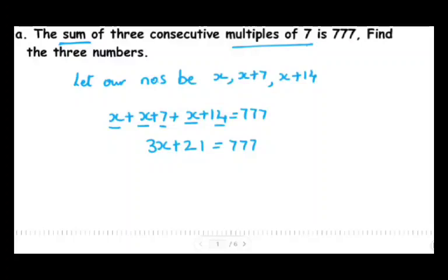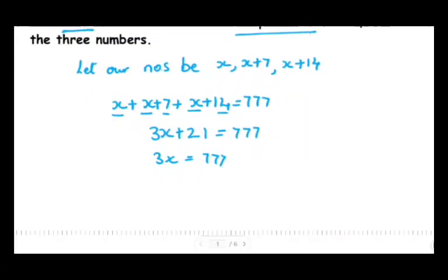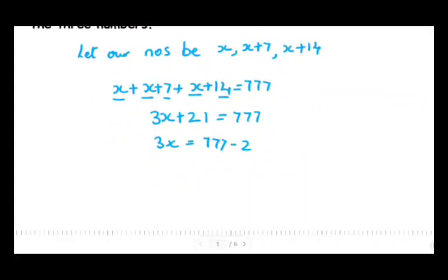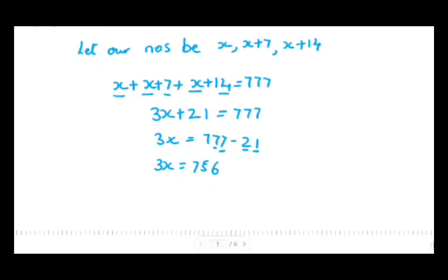Correct? So 3x is equal to 777 minus 21. Okay, so 3x is equal to 7 minus 1, 6, 7 minus 2, 5 and 7.